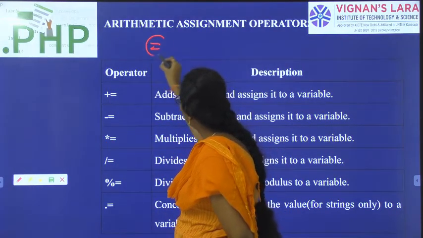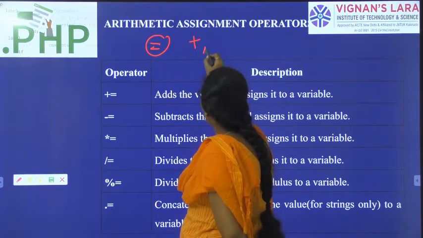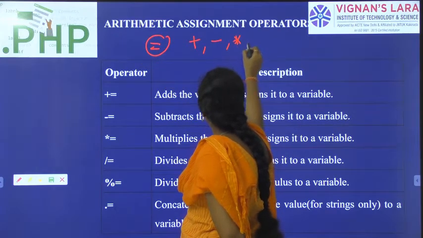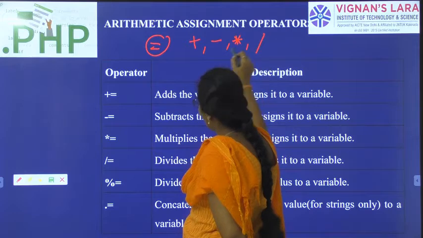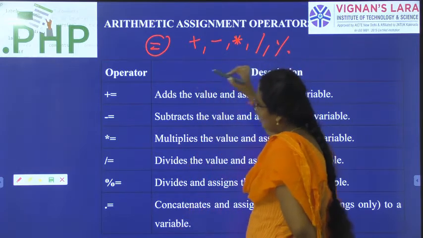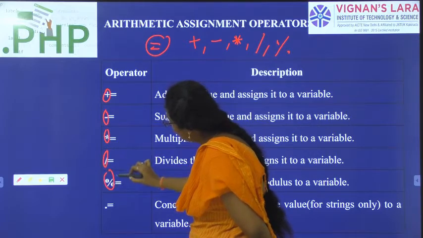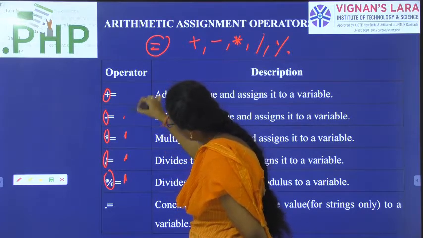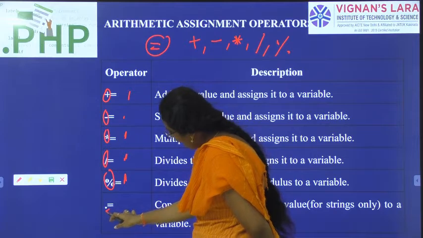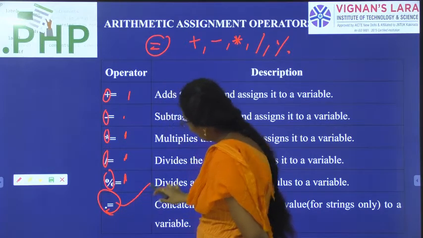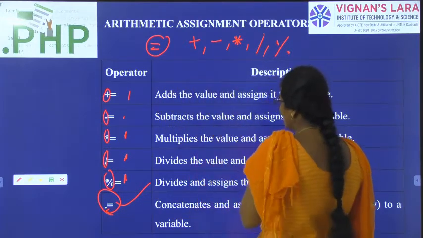Generally the assignment operator is equal to, and arithmetic operators are plus, minus, addition, subtraction, multiplication, division, modulus. So for all the arithmetic operators, we are adding the assignment operator. For the period operator also we are adding the assignment operator, meaning concatenation.